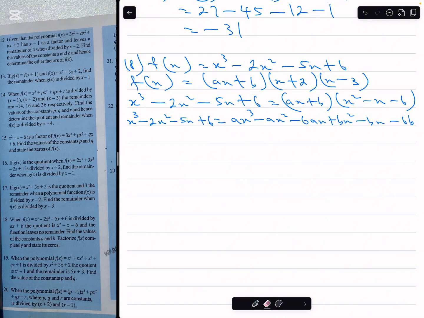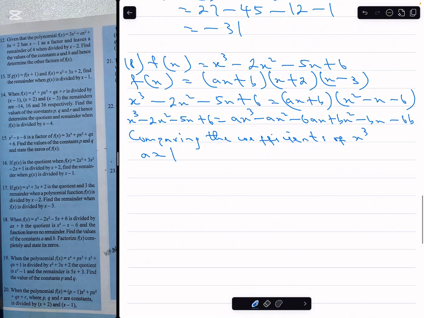Now, comparing the coefficient of x cubed: the coefficient of x cubed on the right hand side is a, and on the left hand side it's 1. So that simply means a equals 1.